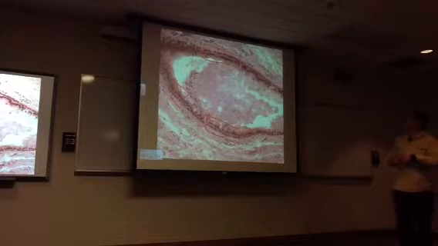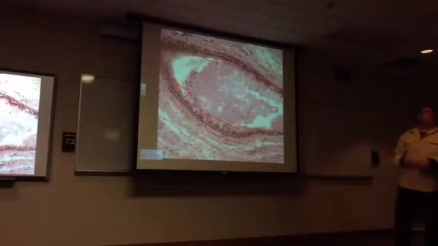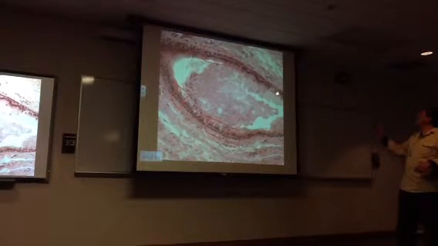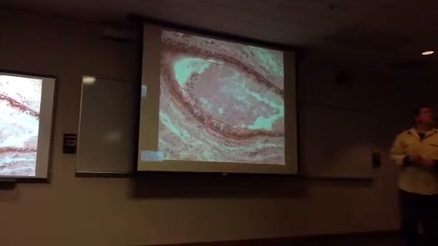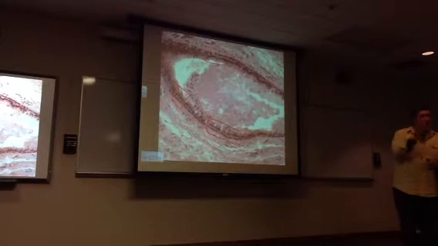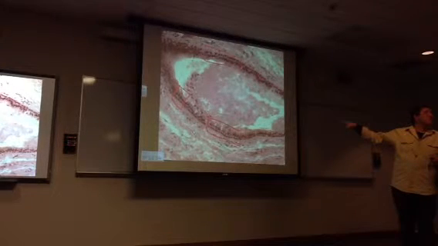But yet, if you were to take the section here where it's more tangential, I don't really know what the surface looks like there. Okay, you could have an area where the nuclei look more oval, and you might be tempted to call it stratified cuboidal. And that's a tough call because these are getting to be some of the larger ducts.